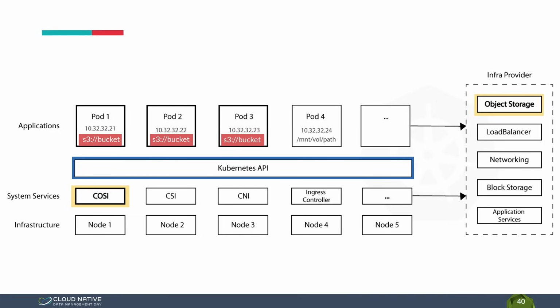COSI takes those credentials, puts it back into the pod, you can use it. So there are two aspects that I mentioned earlier. One is the communication between pod and COSI, which is the COSI API, and two is between COSI and the object storage. We're going to focus on the second part.